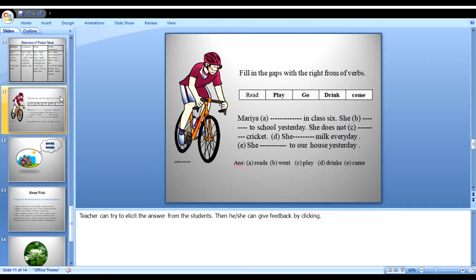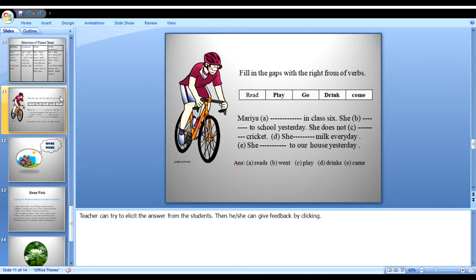You have to use the correct form of verb in the blank. The verbs are read, play, go, drink and come. You have to change the form of verb. You know that there are 3 forms of verb. So you have to use the correct form.